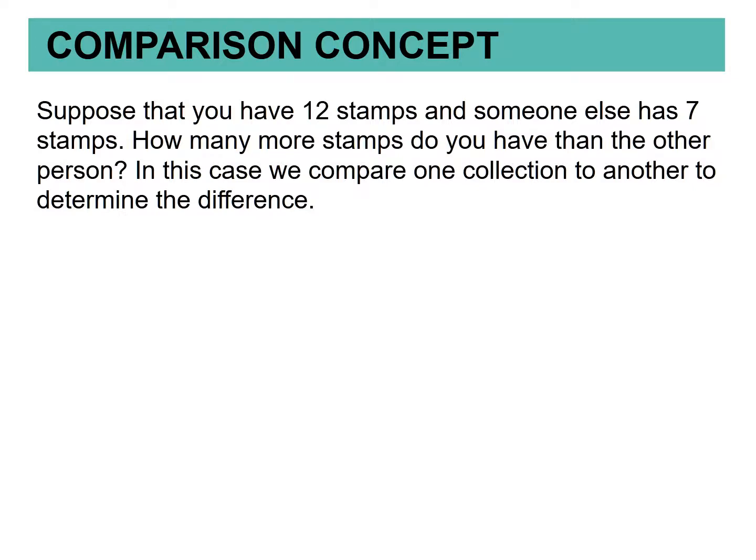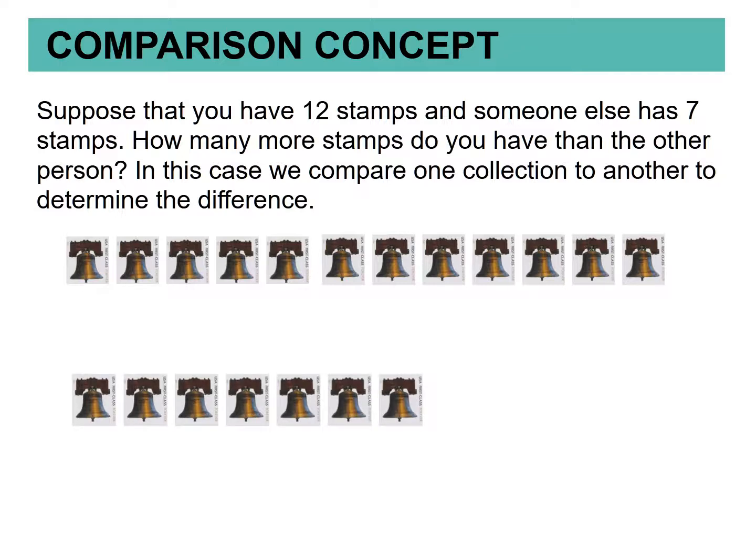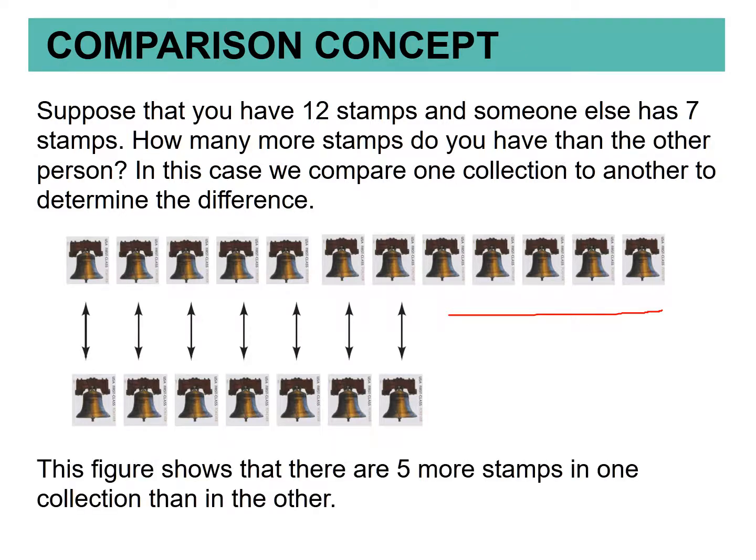So what we do is we illustrate the 12 stamps for one person and the 7 stamps for the other person, and we compare what's the same. What is not the same is the difference. So we have 7 stamps in common, and then we have 5 left over, so there's 5 more in the first set. So you have 5 more than the other person.